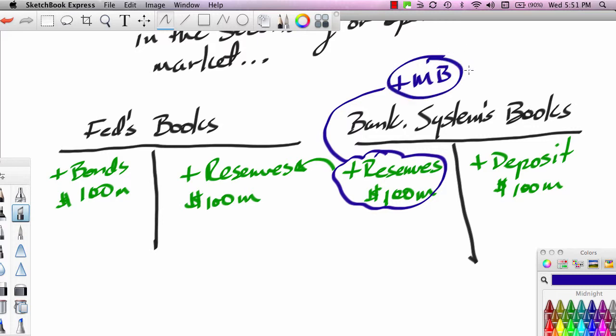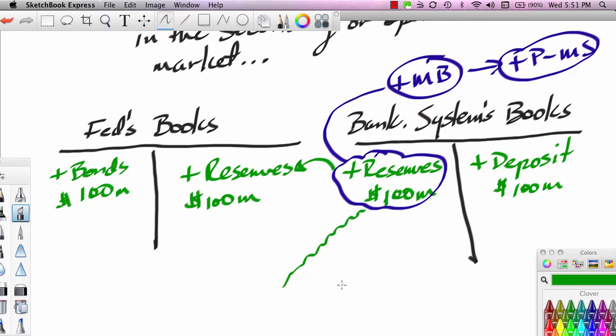And didn't we say that if the Fed can increase the monetary base, it can increase the potential money supply? Why? Well, banks are now in a position to create more loans. You know the rest of the story from here. There is something called the deposit expansion multiplier process.